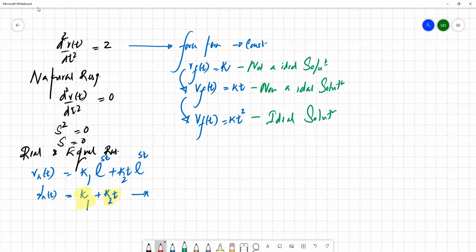So your response v(t) would be k1 plus k2 t plus k t squared. You can find this k value by plugging it into the original differential equation. Once you plug it in, you have d squared over dt squared of kt squared equals 2.